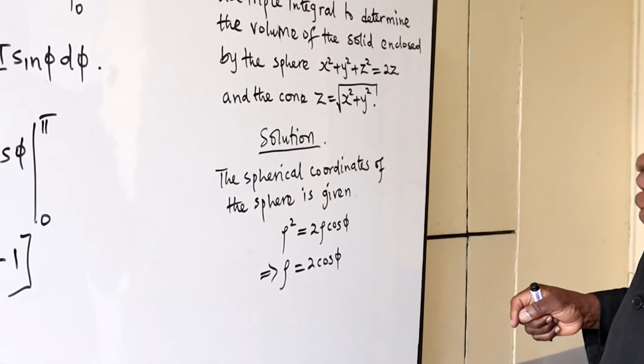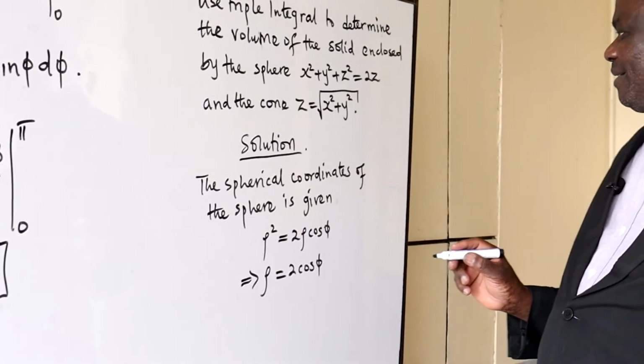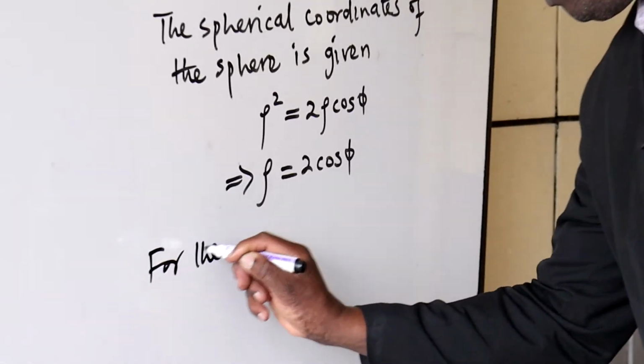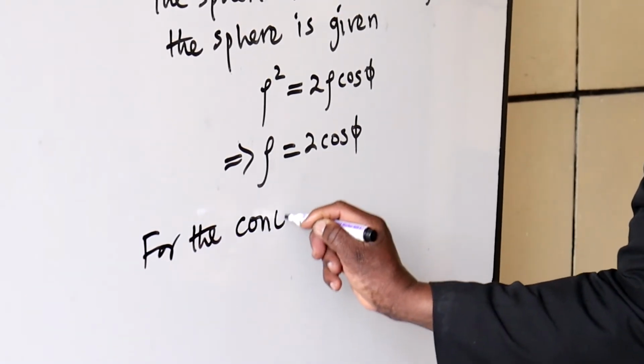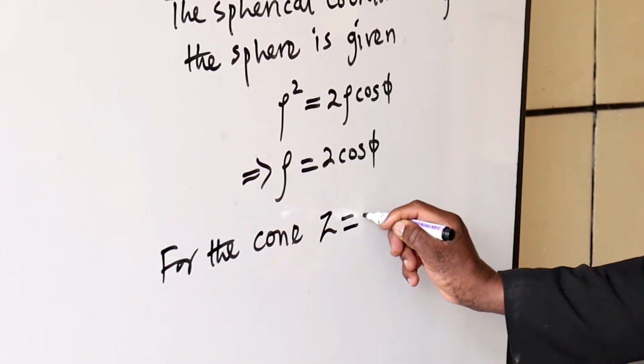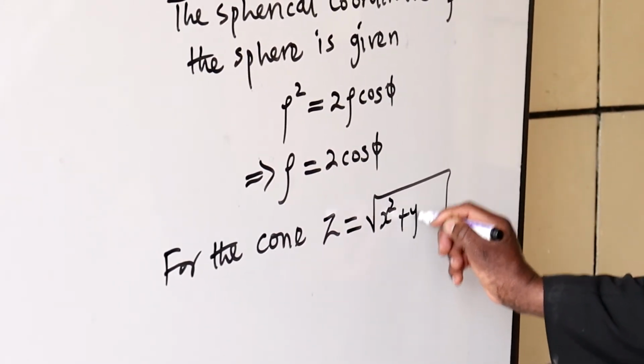Now, when we come to the cone, for the cone, z is equal to root of x squared plus y squared.